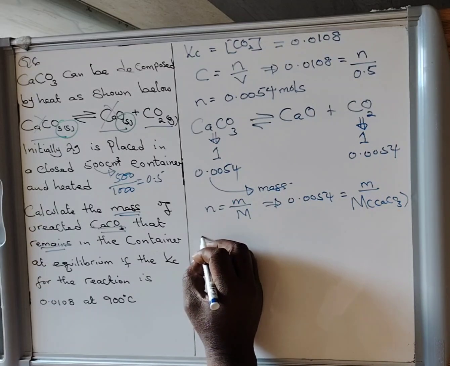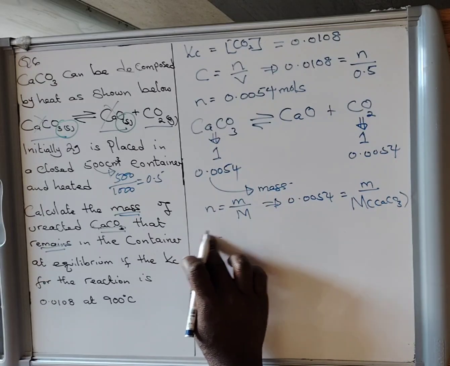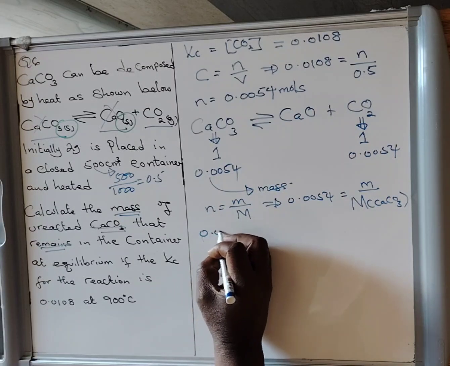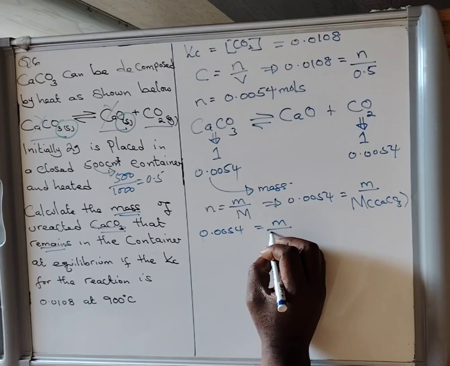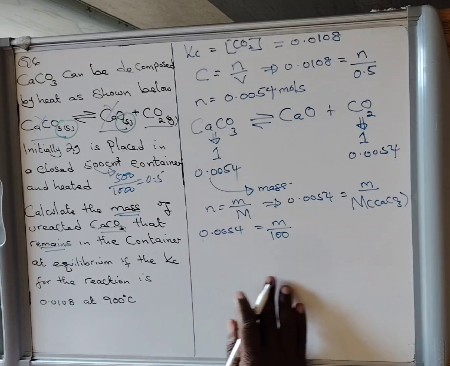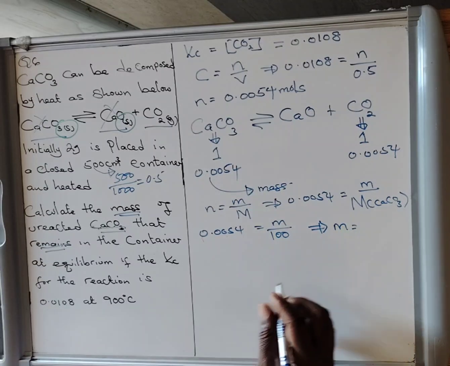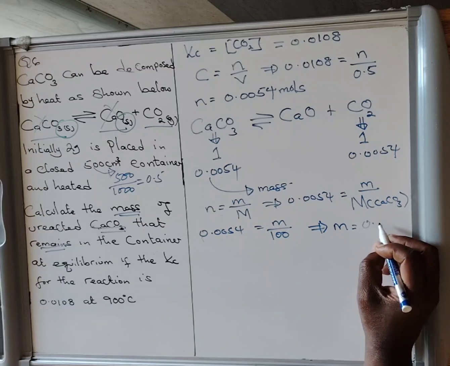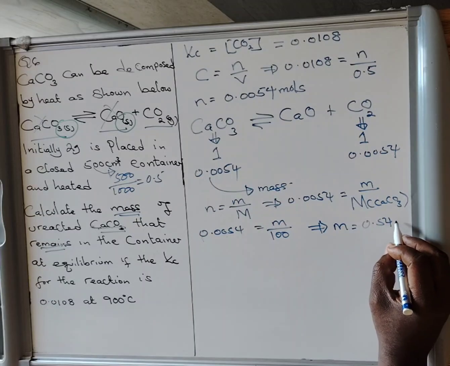So 0.0054 is equal to m over 100. Calcium carbonate's molar mass is known. So from here we get the mass, and the mass is 0.54 grams.